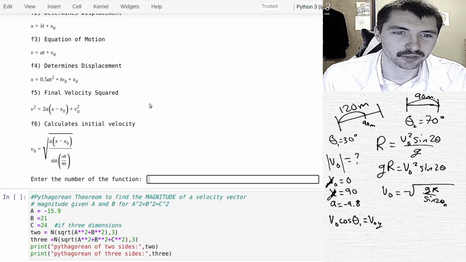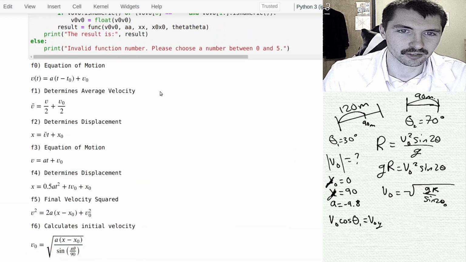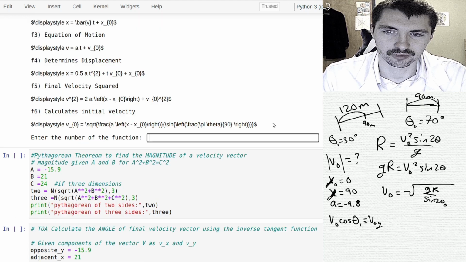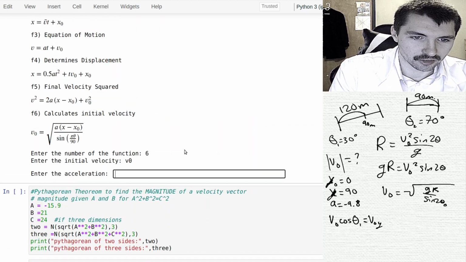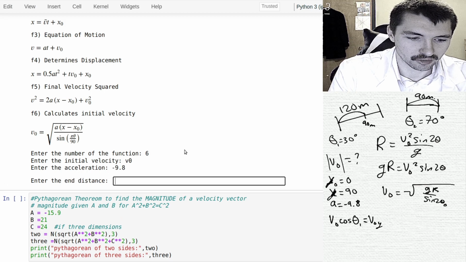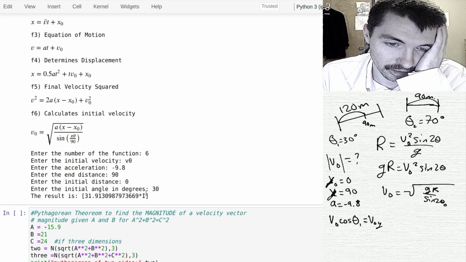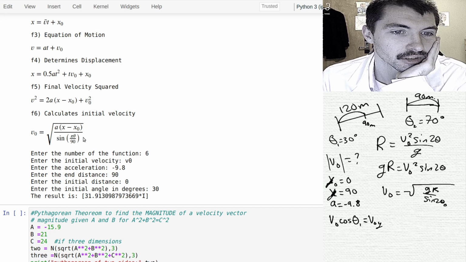Okay, I know, because we didn't use 6, V naught, that's what we should have done. Negative 9.8, 90, 0, 30. So how do we get rid of the i? I think it's because we're taking a square root of a negative number.